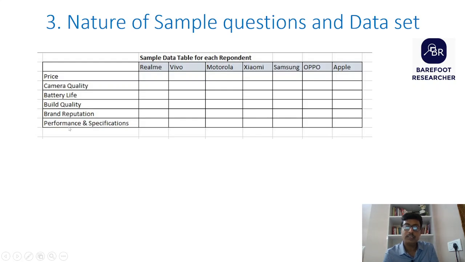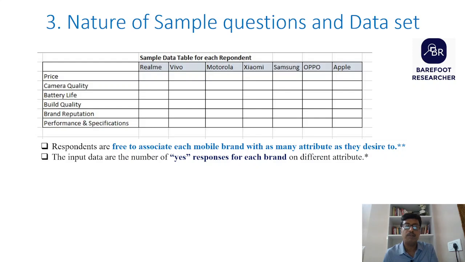This is the sample form that I distribute to 50 or 80 respondents. Each respondent has to give a response to it. What kind of response will they give? When I give it to you, you may not be ready to give all the responses, but at least for price, you may associate price with Realme or Motorola or maybe Samsung. You can skip the others.